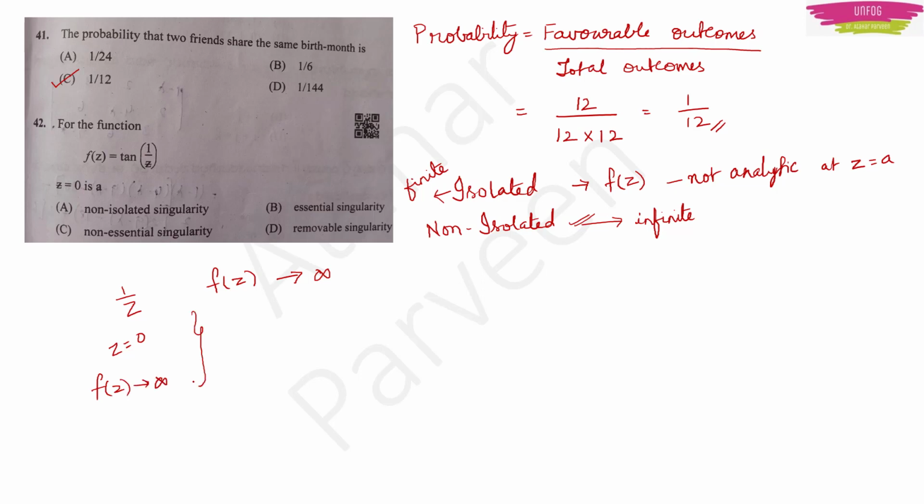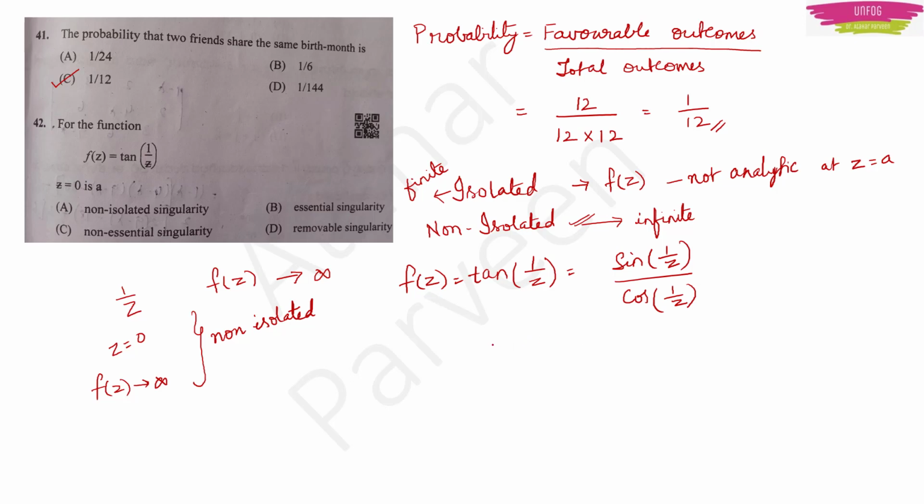Now this is the case where the given function will be non-isolated. Here the given function is f of z is equal to tan of 1 by z. This can be written as sine of 1 by z by cos of 1 by z.